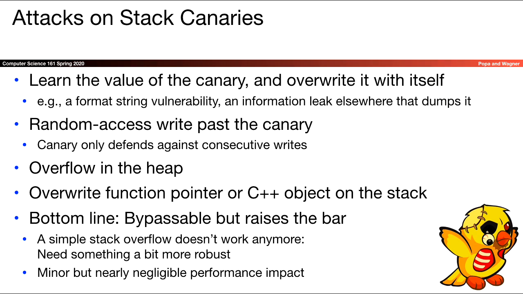If there are two vulnerabilities in your program, one that allows the attacker to read memory and another that allows an overwrite, you can use the first one to learn the canary value and then overwrite it. You can overwrite stuff in the heap instead of stack-allocated stuff; this doesn't protect against that. You could overwrite stuff other than the return address if there's a function pointer or a C++ object on the stack. There's any number of cases where it might be possible to bypass this.